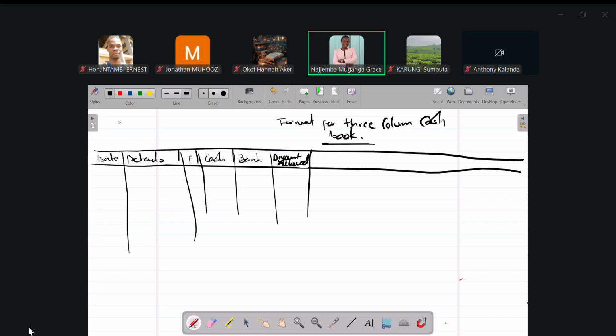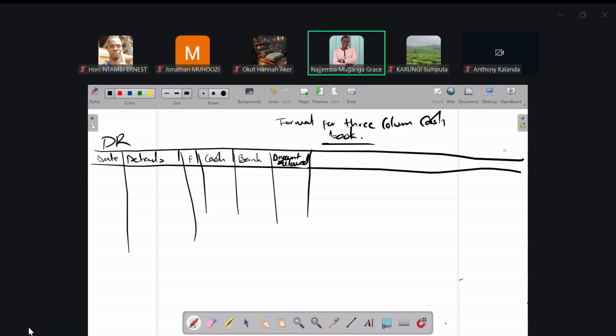So that is the debit side. Please remember, for cash books, we follow the duality concept, the double entry system, where we recognize the items on the debit and the credit. So on the debit, we have these items: date, details, folio, cash, bank, and discount allowed.